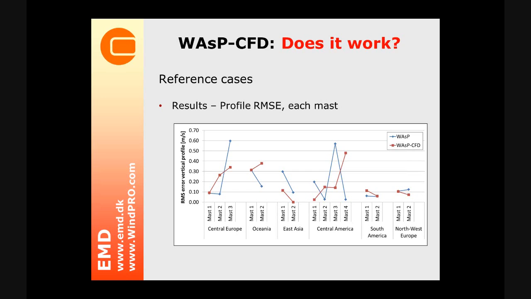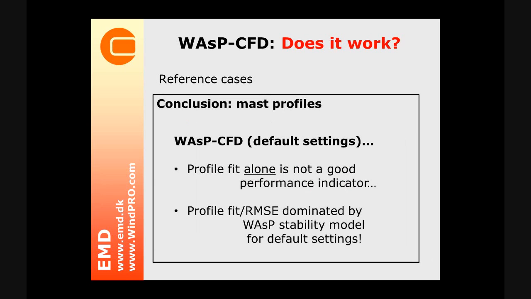And what I have to mention here is that we actually used default stability settings in all cases, both for WASP and WASP-CFD. So one thing to conclude from this is that profile fit is not a good indicator of the performance. Because just before we saw a significant reduction in the cross prediction error when we compare between the top level anemometers, and that's the most important modeling error because typically we measure close to hub height.